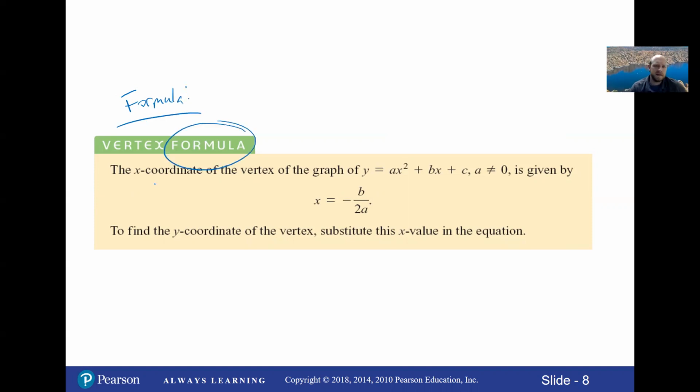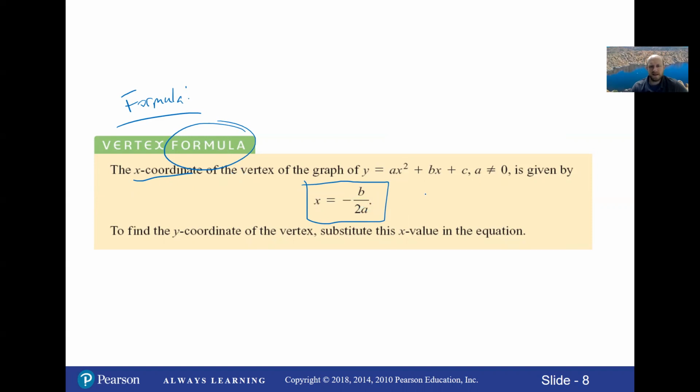This is a formula. The x coordinate of the vertex of our quadratic, y equals ax squared plus bx plus c, is given by this. Here it is. Okay, x is equal to -b/2a. So what does this mean?